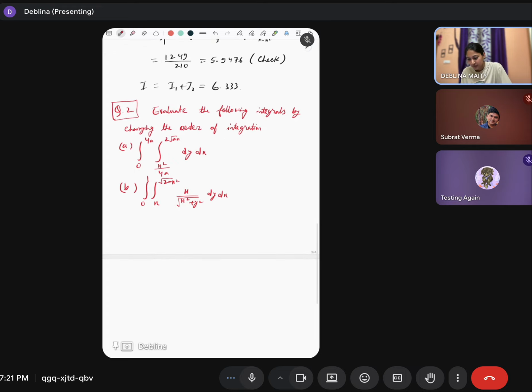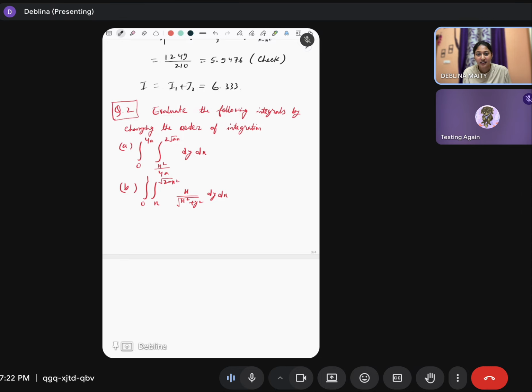So first we have to find out the region, and then we have to find out how the limit changes. We cannot do this goes to this and dx dy, right? Because y depends upon x. That's why we cannot change here. We cannot write 0 to 4 x square by 4a to 2 root x and then 0 to 4a dx dy.